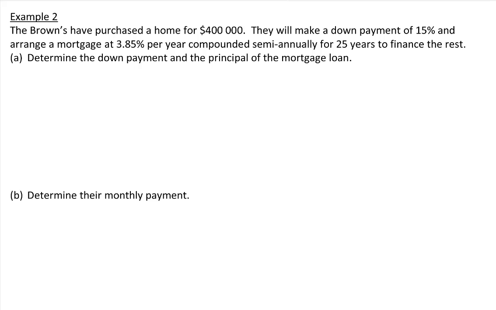So first of all, they're going to put down 15% of the value of the home. So that's the same thing as taking $400,000 and multiplying it by 0.15. And if you do that, you end up with $60,000. So that's how much they're going to pay for the home initially. So we call that the down payment.